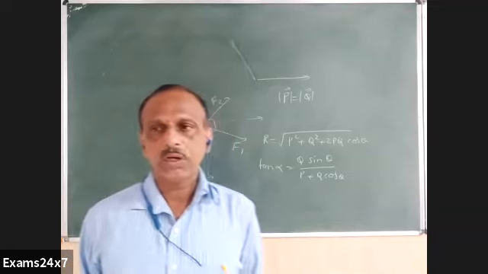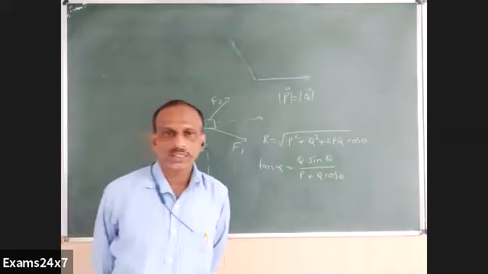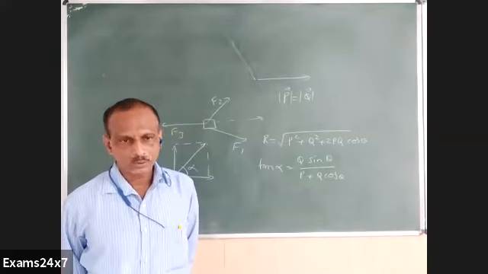So there are two equal magnitude vectors whose resultant happens to be the same value as the individual.